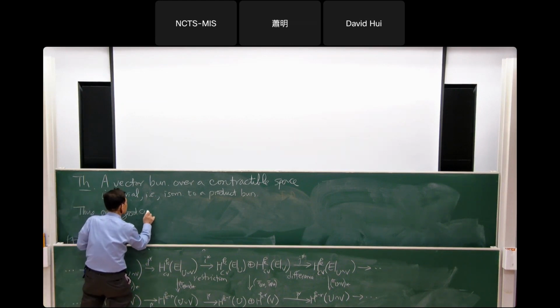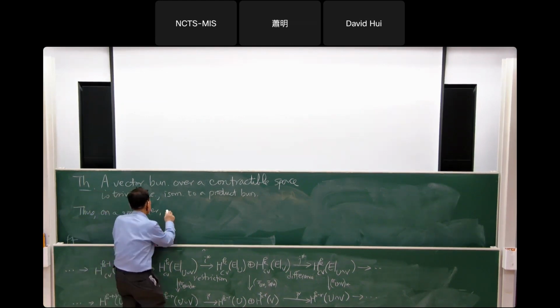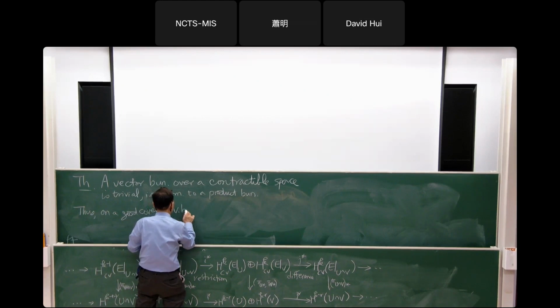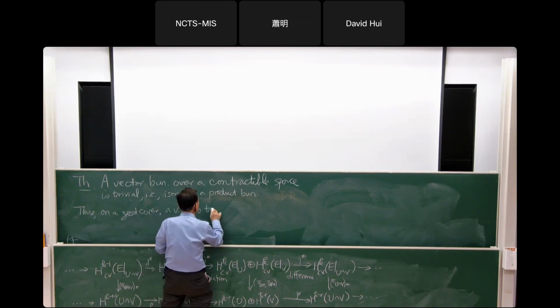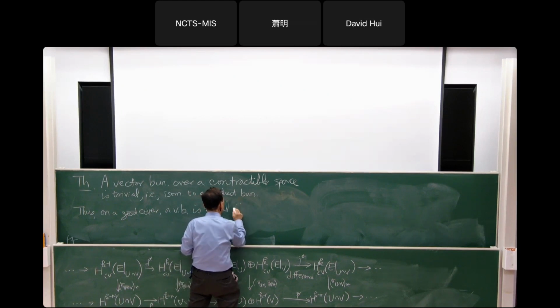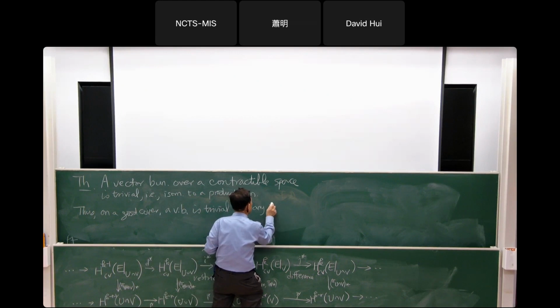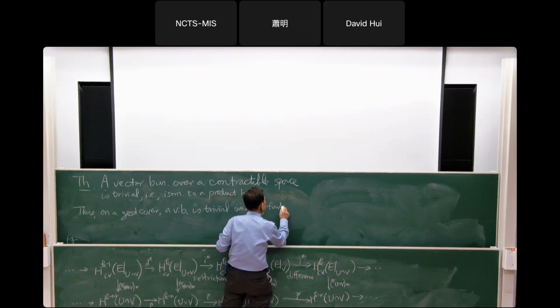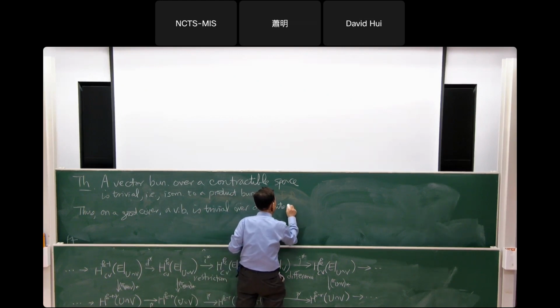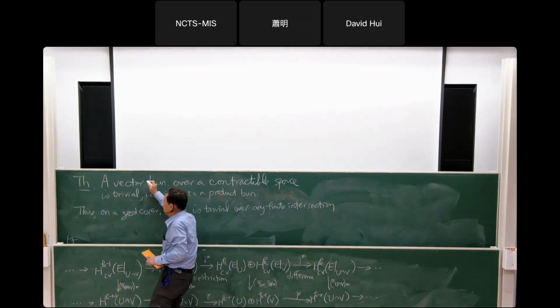So on a good cover, a vector bundle is trivial over any finite intersection of the open sets in the cover.